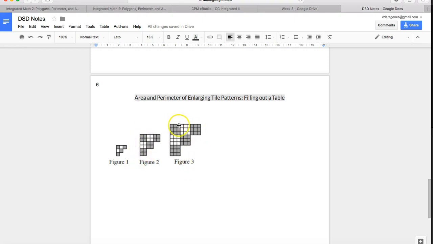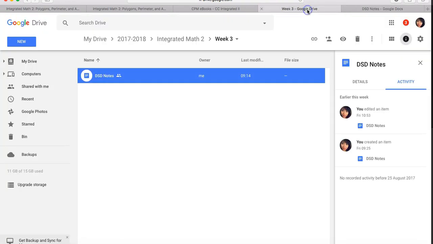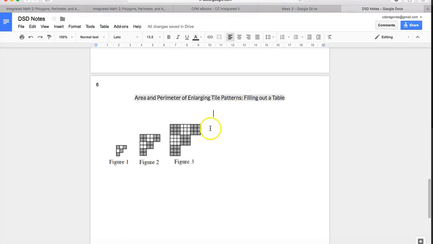And then figure 3 becomes 3 tiles by 3 tiles. Hopefully you can start seeing a pattern, so you should be able to draw figure 4 and figure 5. In your notebook, after figures 1, 2, and 3, try to sketch figure 4 and figure 5 of your design.